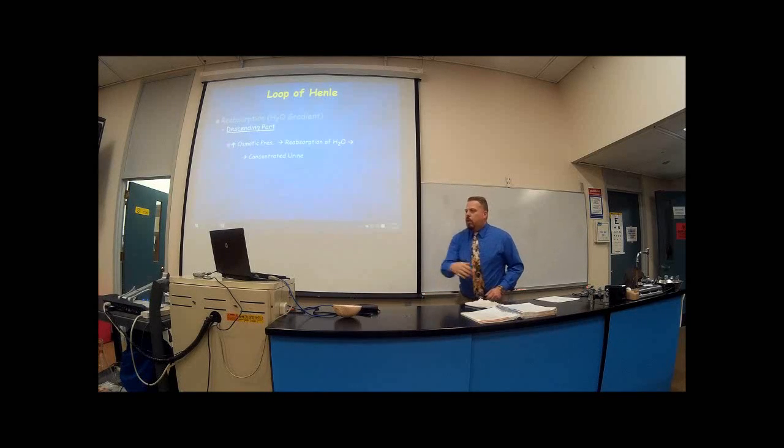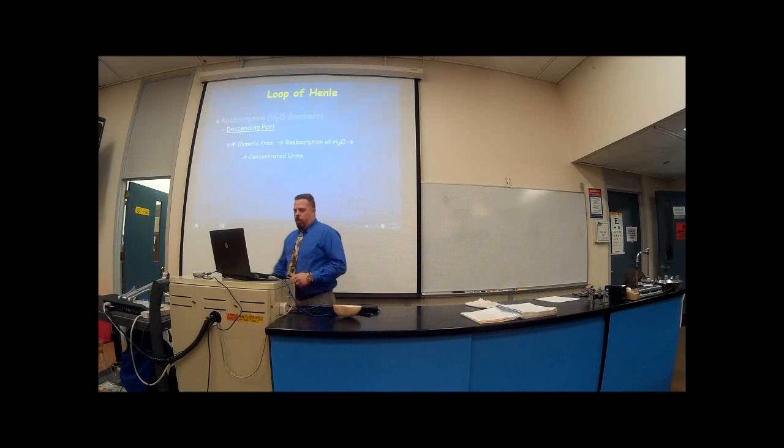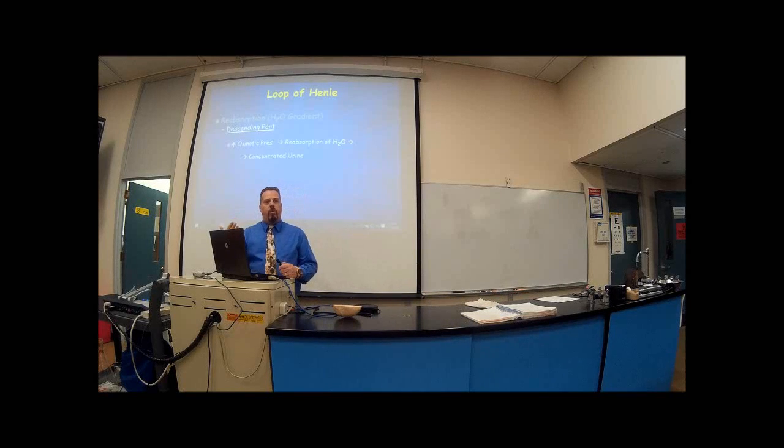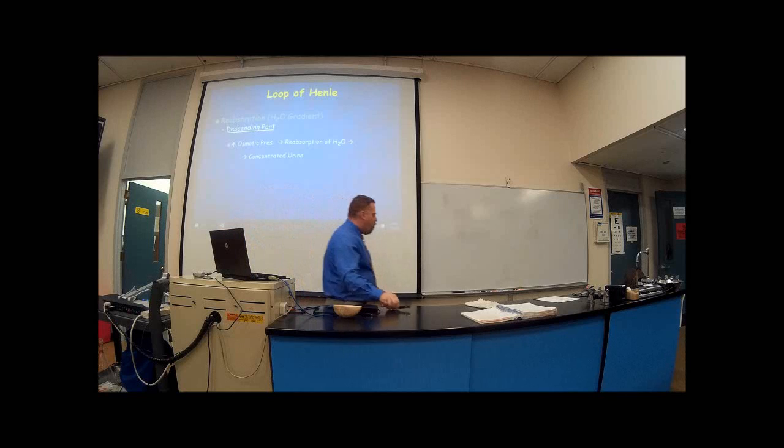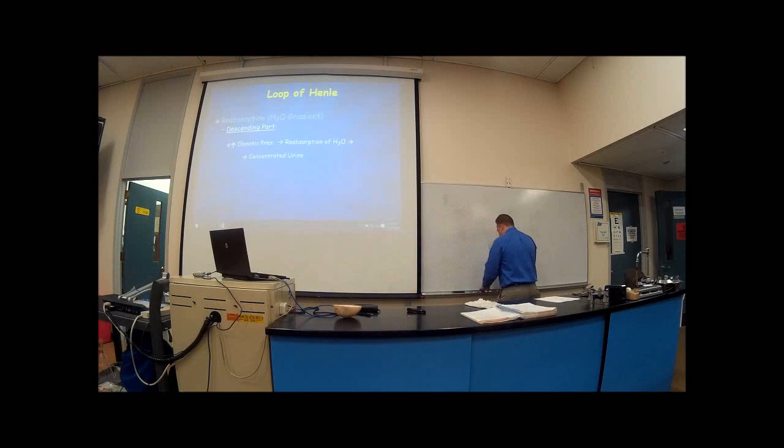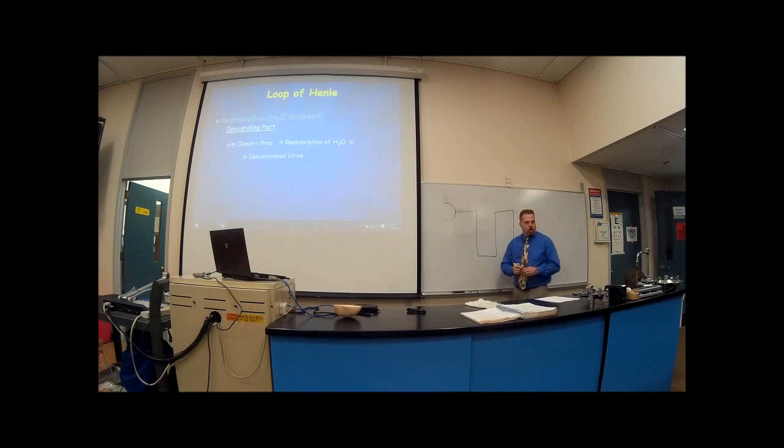All right. So the descending part, through osmotic pressure, water is going to get reabsorbed, making more of a concentration of the filtrate. So let me just do a very simplistic view of this. Should all look familiar, right? I just made it very simplistic.